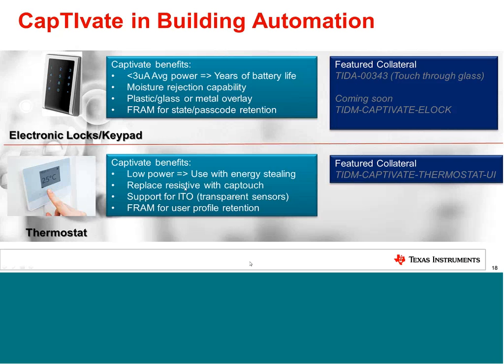Clearly, it's very frustrating for customers to use that. We can replace that with CapTouch buttons. We also have the ability to support ITOs, which are transparent sensors. So basically, what you can do is, if you have a display, you can throw an ITO panel on top of that display where you've basically done your electrode design on a transparent substrate, right? I mean, it's not a PCB.